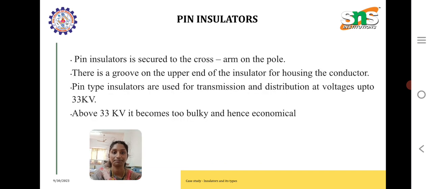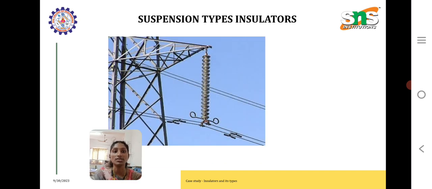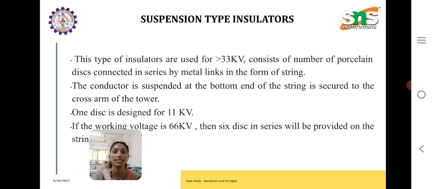The cross arm on the pole is used to carry the transmission line above the pole, where these pin type insulators are used. Next, coming to suspension type insulators, it is suspended from that particular pole to the electrical transmission line as we see in the picture. This type of insulator is used for voltages greater than 33 kV. It consists of a number of porcelain discs connected in series.